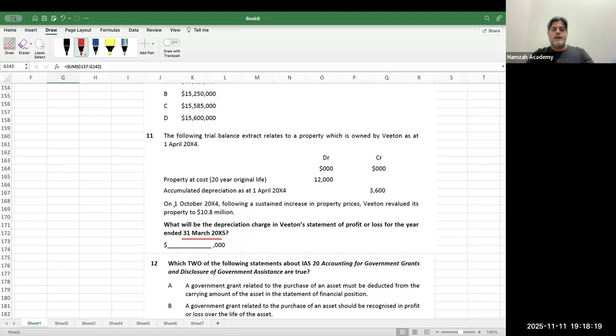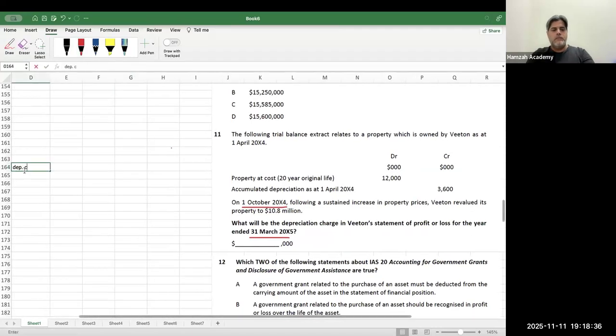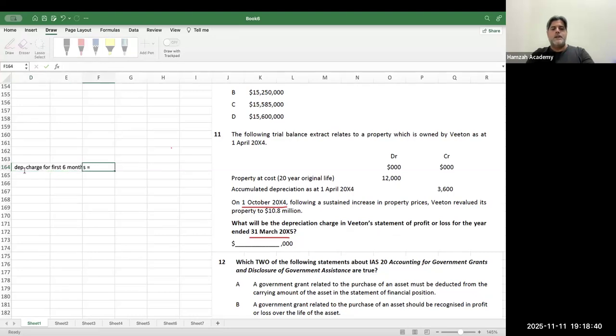It has increased the value on 1st October. So October, November, December, January, February, March, that's 6 months, right in the middle of the year, when the revaluation has taken place. So original life is 20 years over here. The depreciation charge for the first 6 months is going to be 12,000 by 20 into 6 by 12, right?